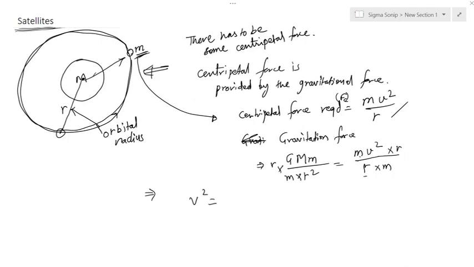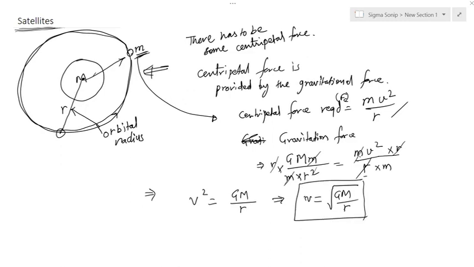So on the right hand side, I am left with v square, and on the left hand side, which becomes the right hand side now, is equal to, m gets cancelled with m, this r cancels with the square here, so GM over r, and that tells us that v is equal to the square root of GM over r.